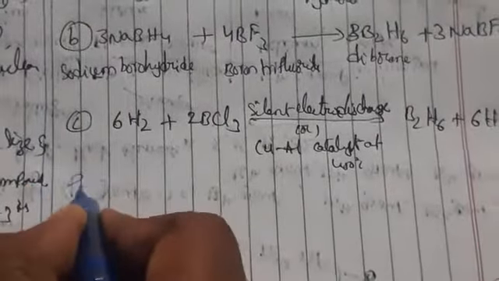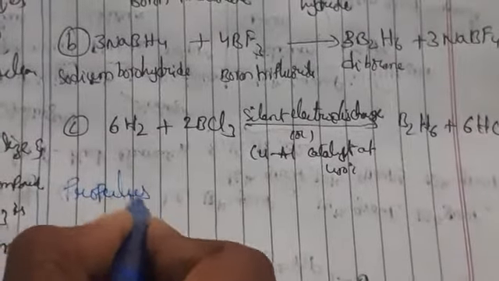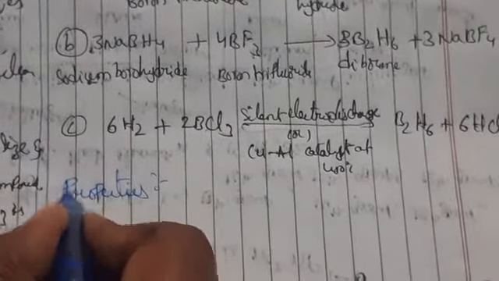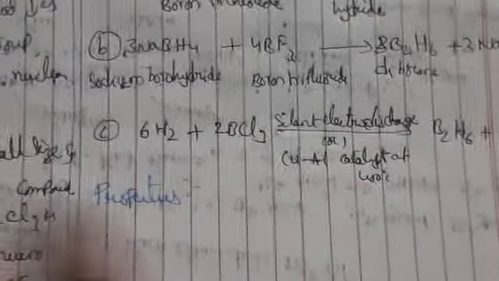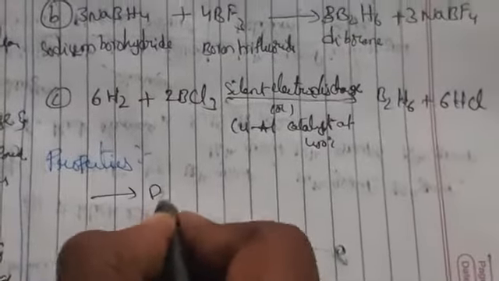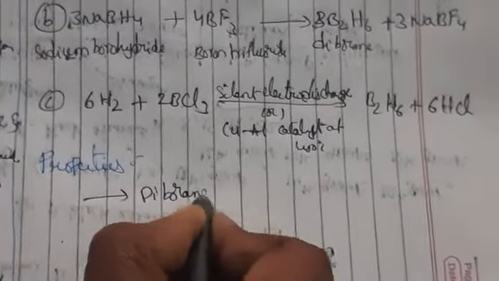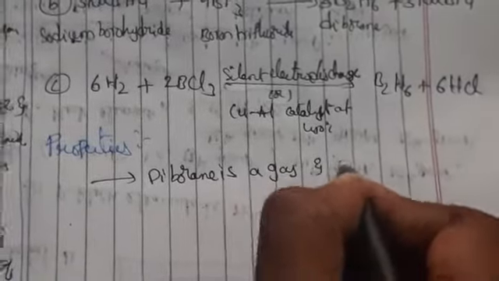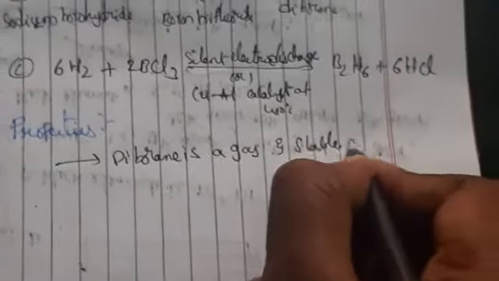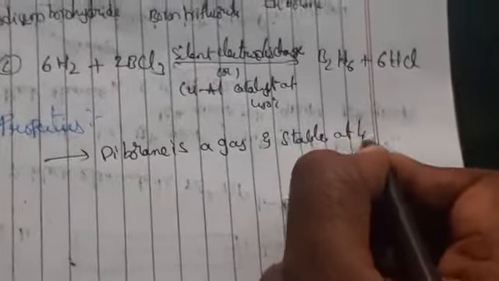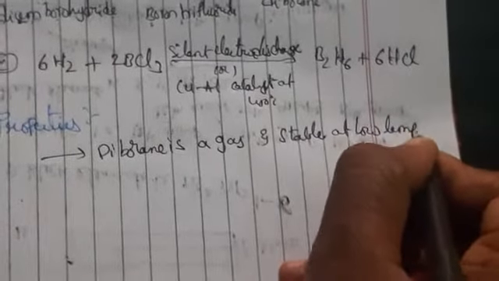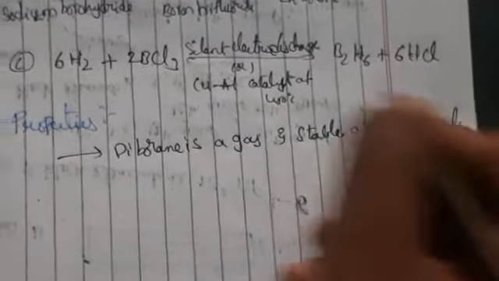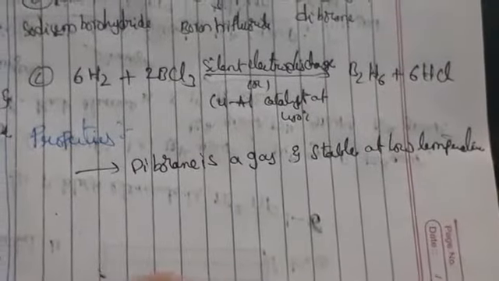Next, let us discuss the properties. Coming to properties, diborane is a gas and stable at low temperature in the absence of moisture and grease.